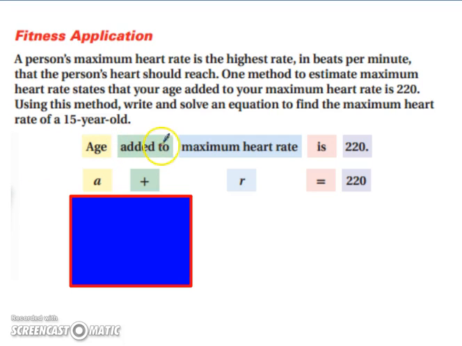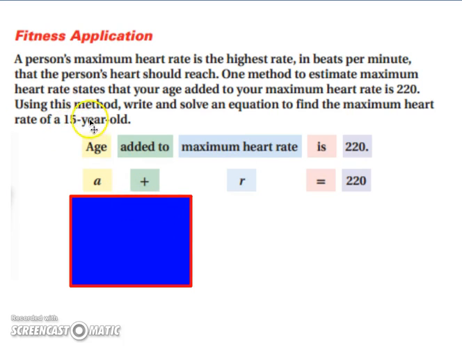So we have age added to maximum heart rate is 220. Well, we need to start substituting some values in. So let's make it into an equation. We have A for age plus, and then for heart rate we're going to use R for rate, equals 220.